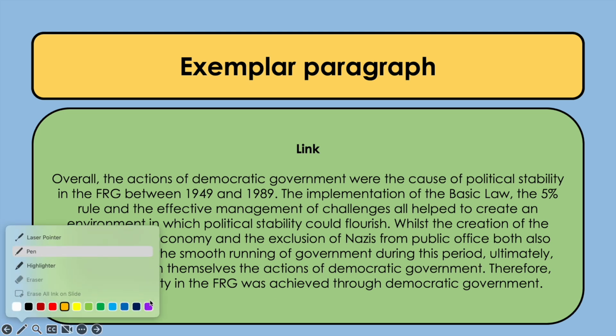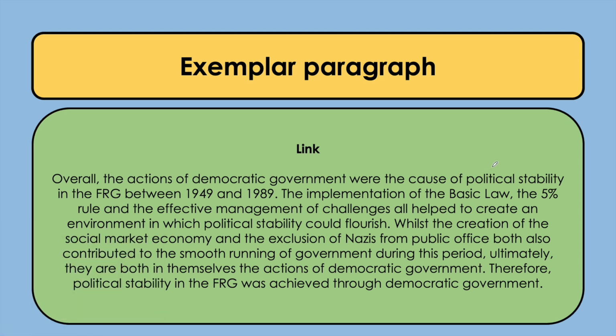So what I have done there is I have made reference back to the evidence that I discussed in my paragraph. I've mentioned the Basic Law, 5% rule, and the effective management of challenges. I have also mentioned the importance of my other factors.